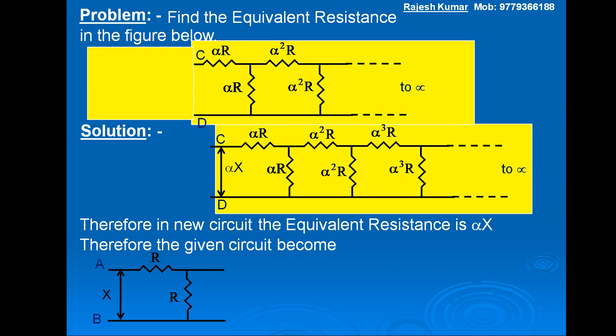That is, the remaining circuit becomes the same as we obtained from the given circuit by multiplying each resistance by alpha, that is between C and D, and therefore the equivalent resistance is also alpha X. So between C and D, the resistance of the remaining part is alpha into X.